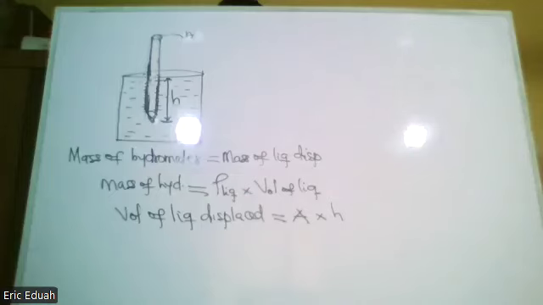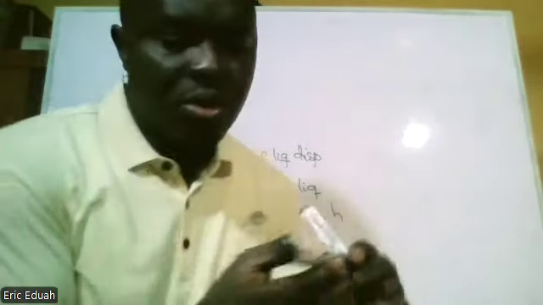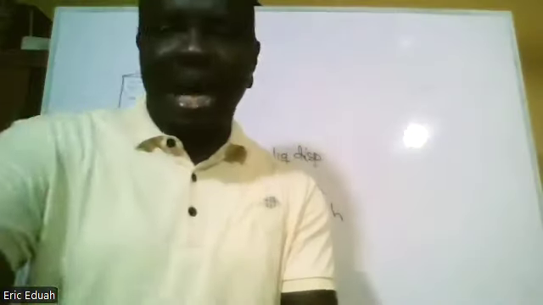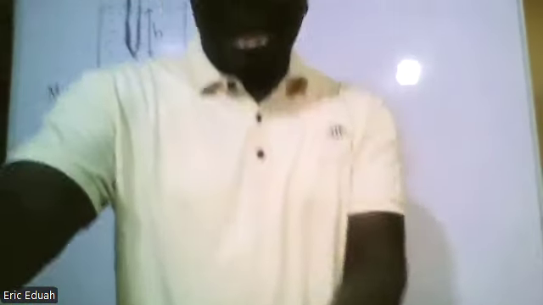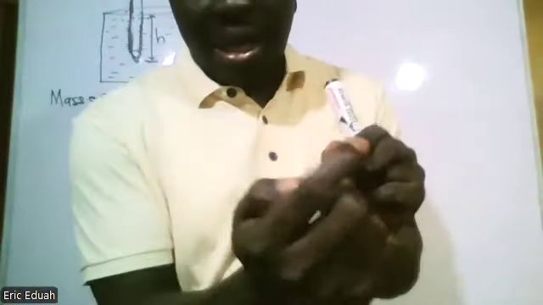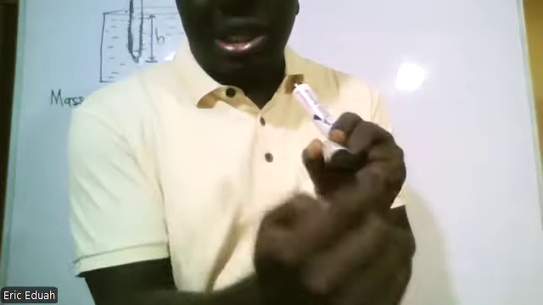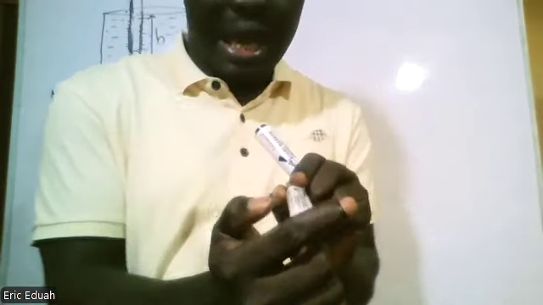Okay, hydrometer is just like the marker or the pen with cylindrical cross-sectional area. It has a uniform cross-sectional area. So it's just like the pen.